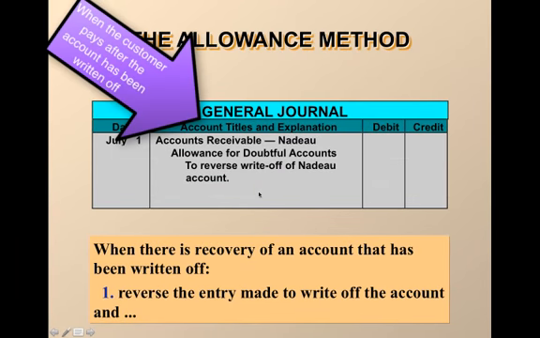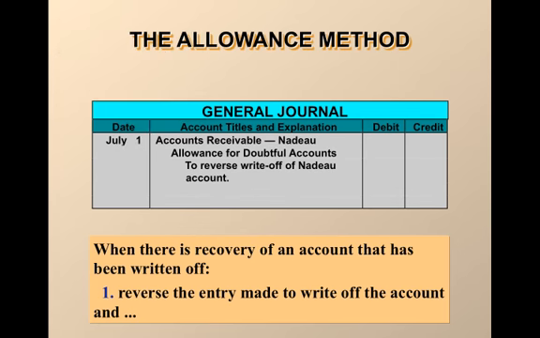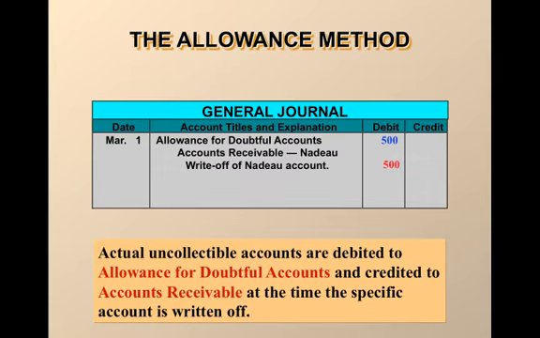Now, in some cases, when you write off an account, the customer somehow gets money and decides to pay you back. Not very often, but when this happens, you end up just reversing the write-off part. So in the last one, we debited allowance for doubtful accounts and we credited accounts receivable.